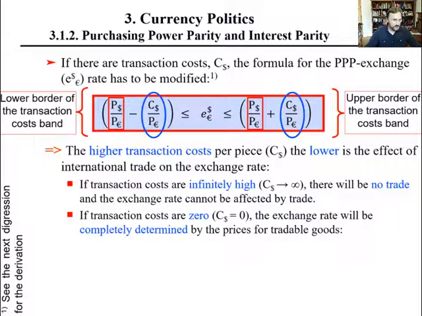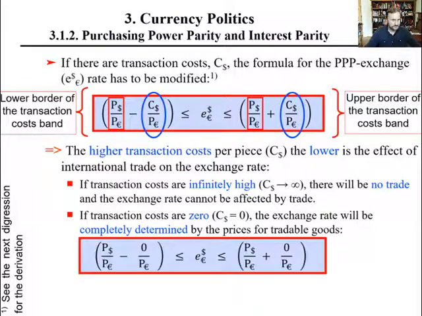If the transaction costs are zero or close to zero, the exchange rate will be completely determined by the prices for tradable goods. In this case, we can modify the equation, so we have to fill in a zero for the transaction cost measured in dollar.